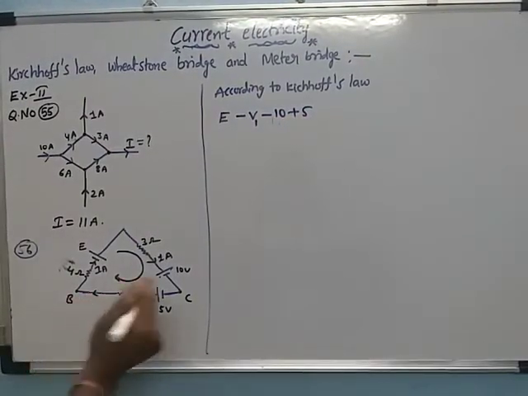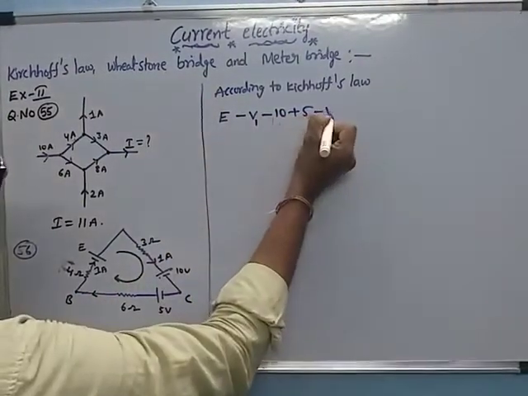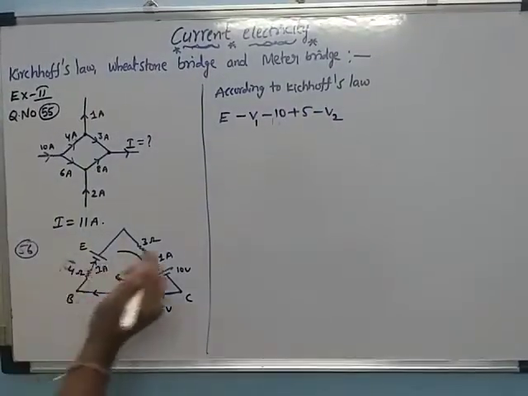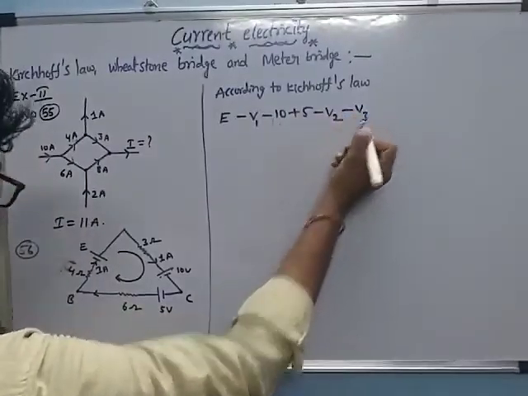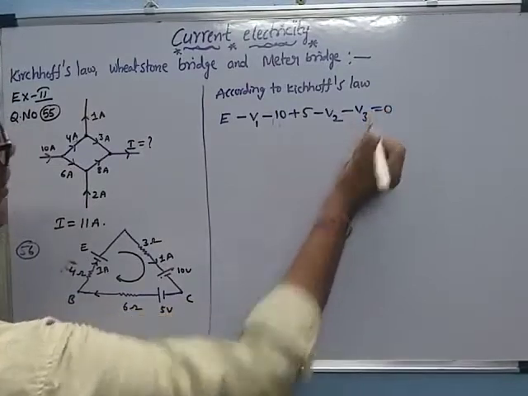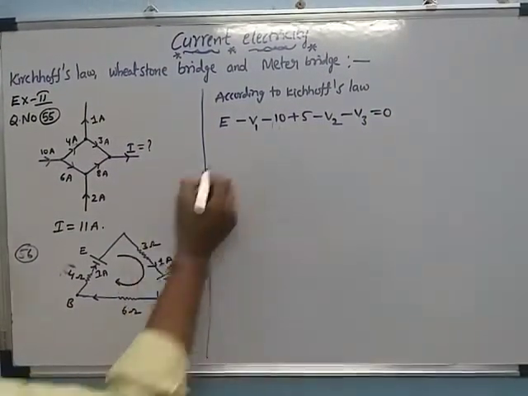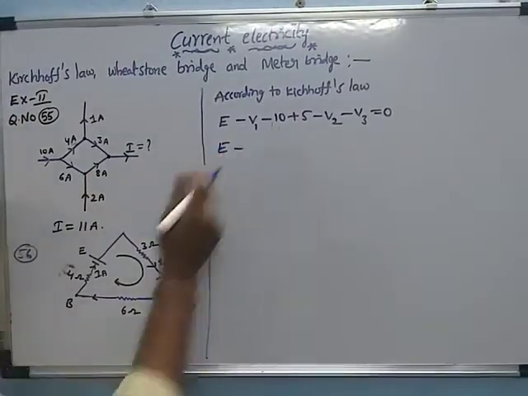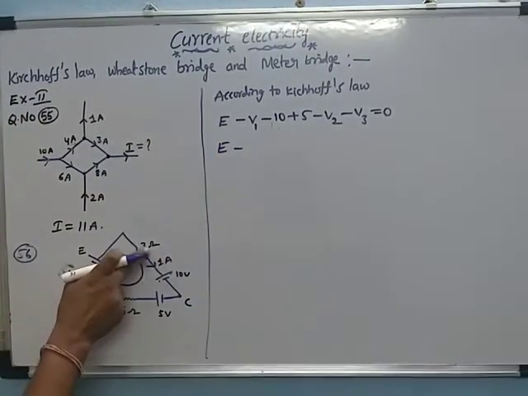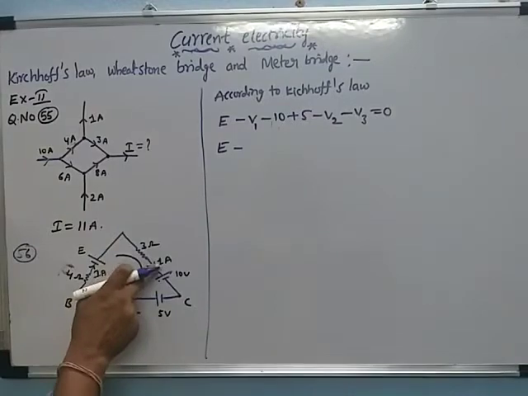And here the resistance in the same direction gives minus V2, and the other resistance gives minus V3, equal to 0. The algebraic sum of the potential differences in a closed circuit is equal to 0. Then E is equal to minus V1, and V1 is current into resistance, which is 1 into 3.